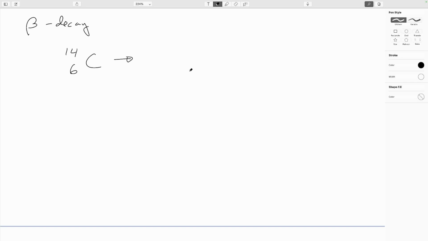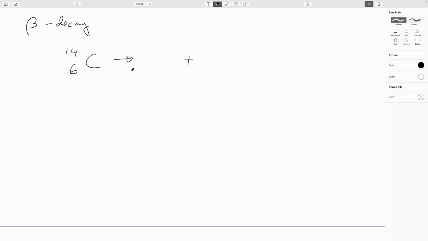So what's going to happen is it's going to become nitrogen-14. And the way that's going to happen is one of the neutrons is going to become a proton via the weak nuclear force. So a way to kind of keep this straight is to do what I call nuclear stoichiometry.